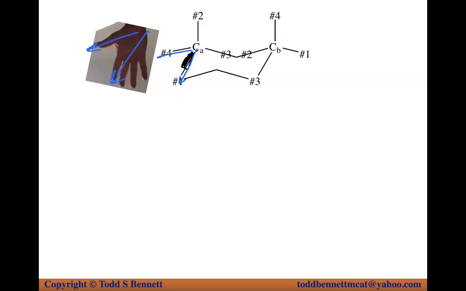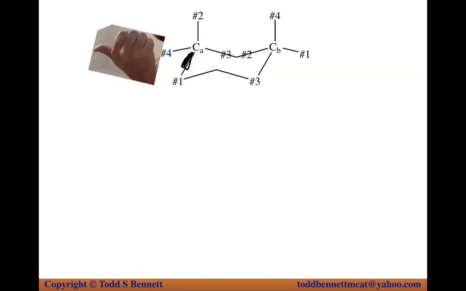So when I curl, I'm going to curl up to the top of the page. That's where the 2 is. So now these fingers are starting to curl up towards 2, and then they come all the way back down to 3 and back. So that was a right hand. So because it's a right hand, it is an R center.